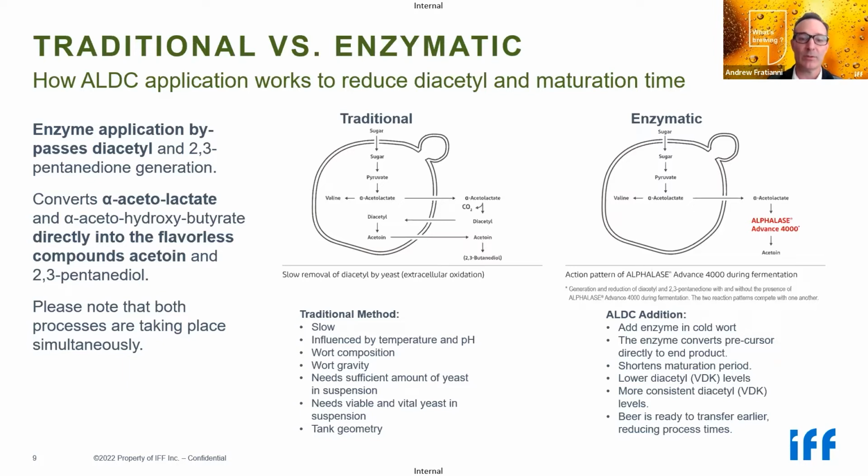So again, the beer was in spec from a fermentability standpoint, but they were sitting another 12 days just to wait for diacetyl to come down. Now, obviously, there are some other things that can be looked at there, but once they started adding ALDC, they were only waiting 2 or 3 days to reach their VDK spec. So they were saving about a week or more of residence time in the tank simply by the addition of ALDC.